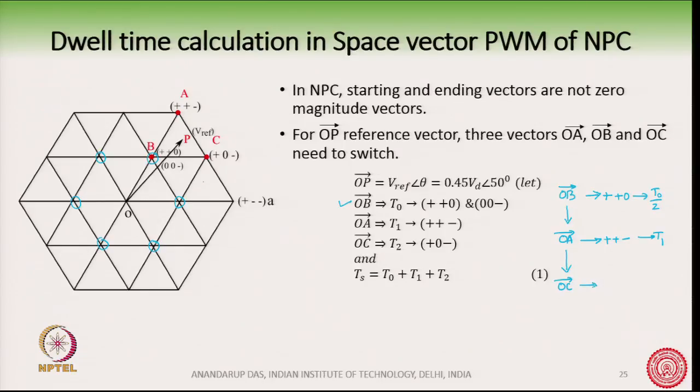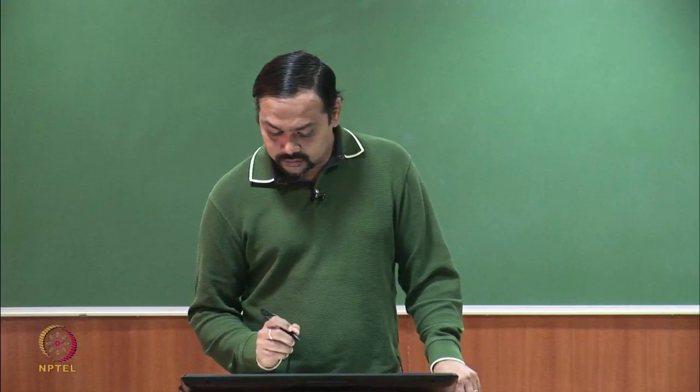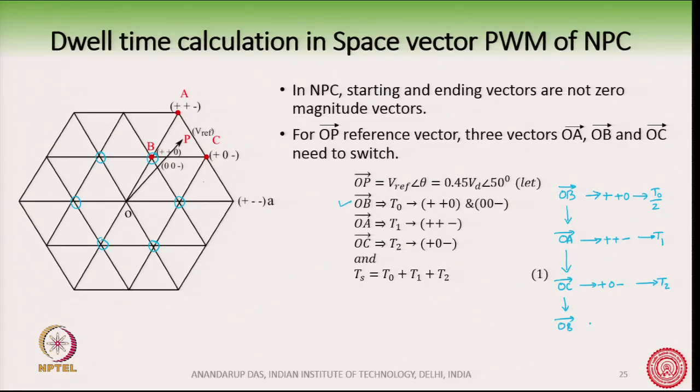OC vector is plus 0 minus and we will switch for T2 period and then we will switch again OB vector, but now the other multiplicity of OB vector. So, the other multiplicity of OB vector will be 0 0 minus and then again we can switch it for T0 by 2 period. Note that this is how the whole switching cycle, so this total is equal to Ts, right. This is how the total switching happens.